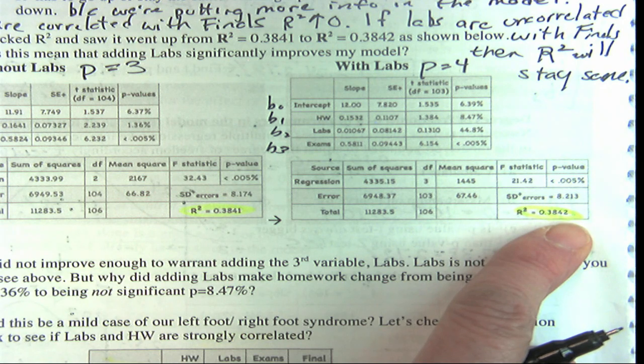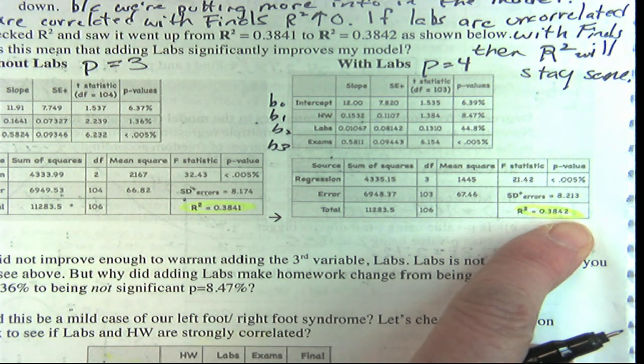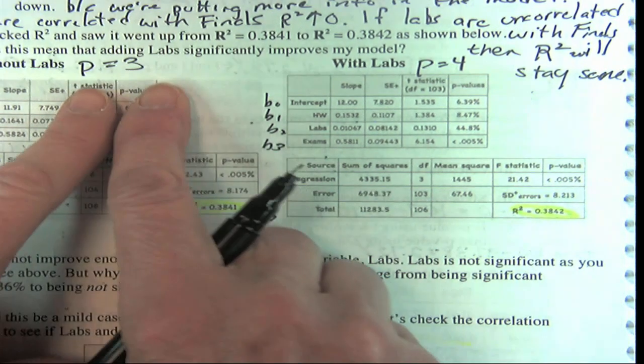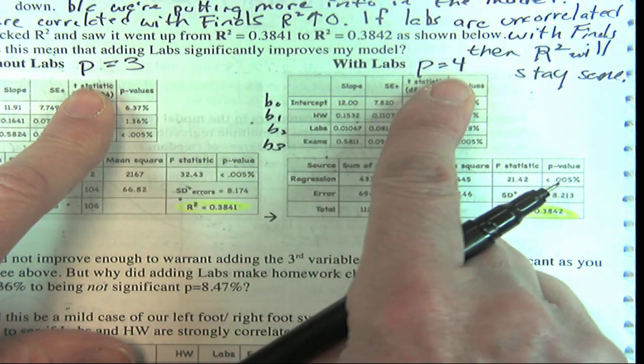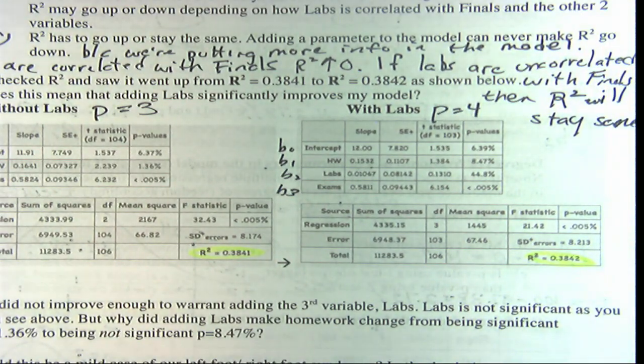So is that a better model? Is that a better model? You have to be really careful, because when you increase, well, you're putting in more information, but you're also putting in more random error. Every time you add a parameter, you're putting in some more random error. So you have to weigh those two against each other.